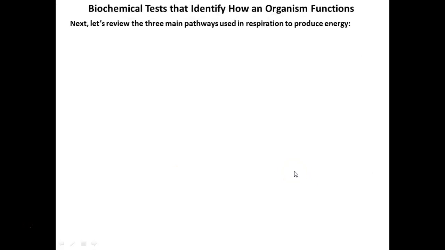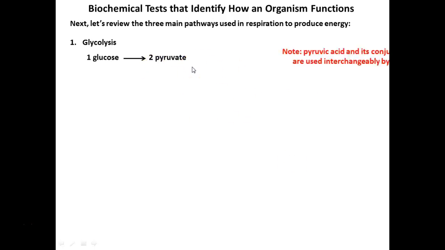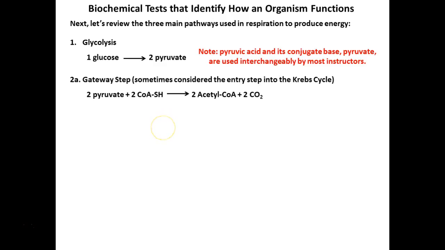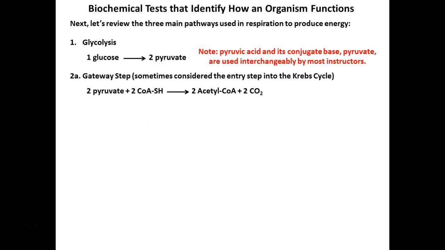So the three main processes that cells will do for respiration begin with glycolysis, right? You can take a glucose molecule and break it down into two pyruvates, and some people will also refer to it as pyruvic acid. You can convert that even further in a gateway step before it enters the Krebs cycle, right?